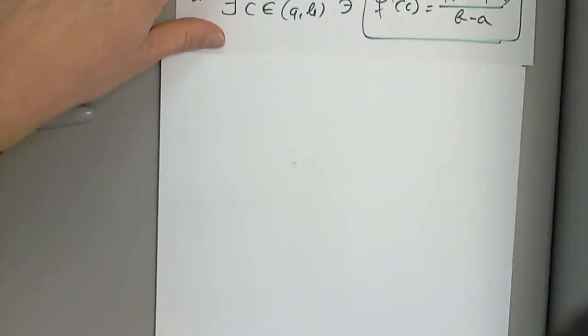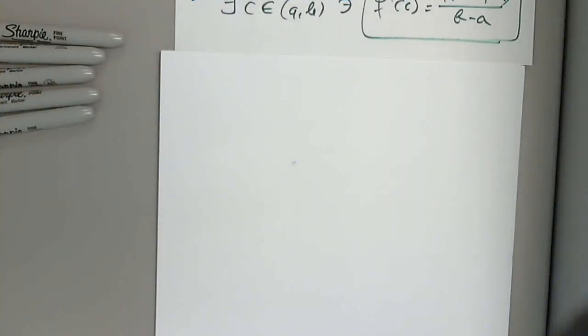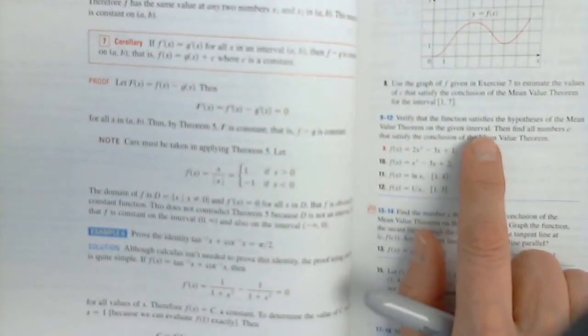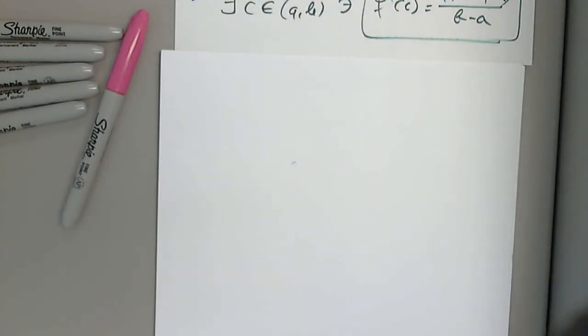So now let's talk about, here it is. Verify that the function satisfies the hypothesis of the mean value theorem on the given interval, then find all numbers c that satisfy the conclusion of the mean value theorem. Okay, let's look at the natural log because we haven't looked at the natural log before.